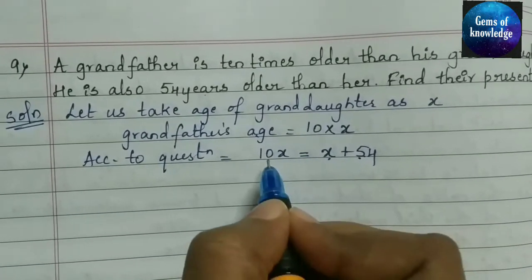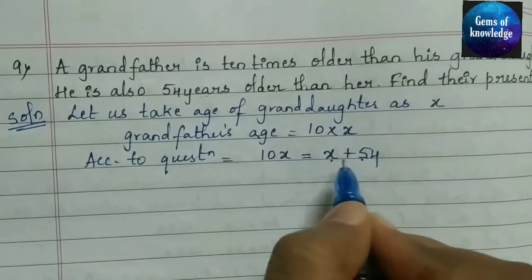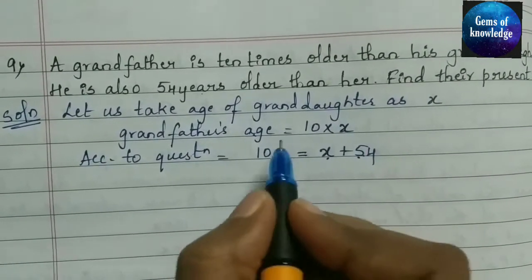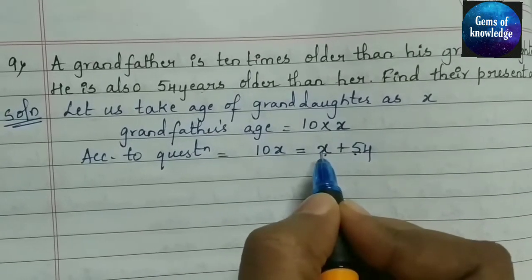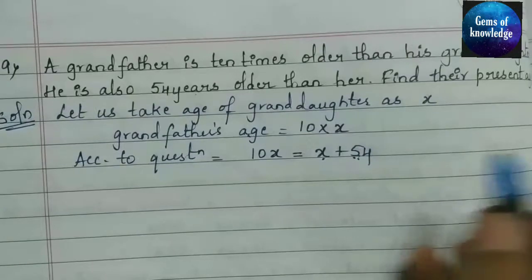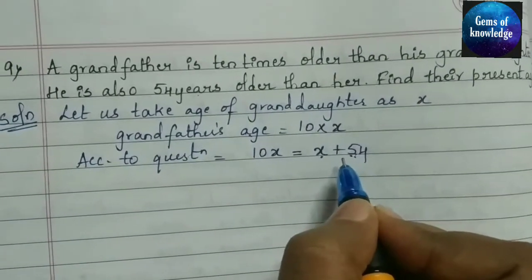So here you can write 10x is equal to x plus 54, because grandfather will be 10 times his granddaughter and he is also 54 years older. So this side you have to take plus 54.